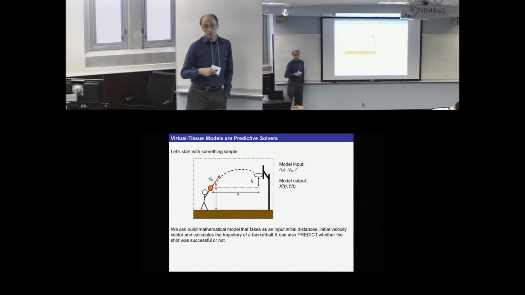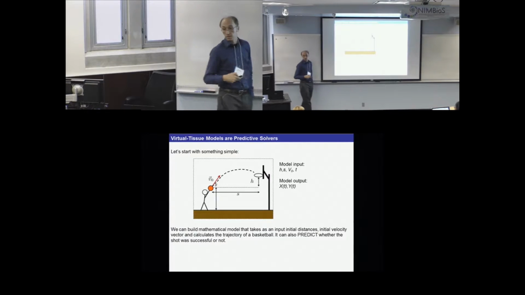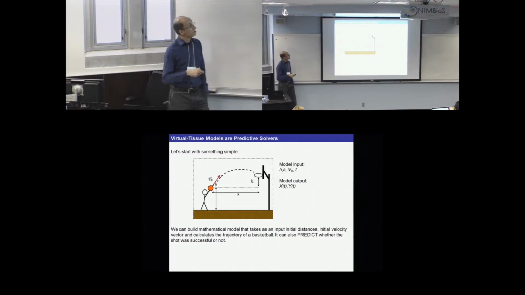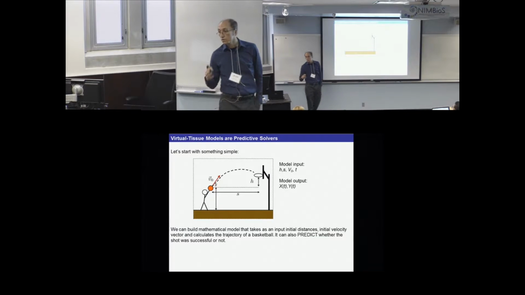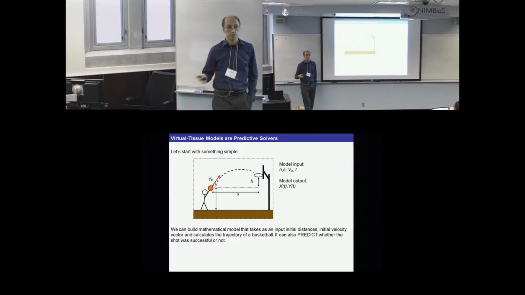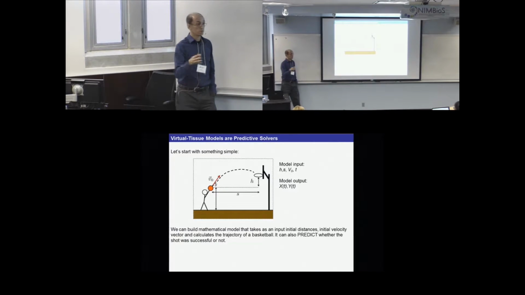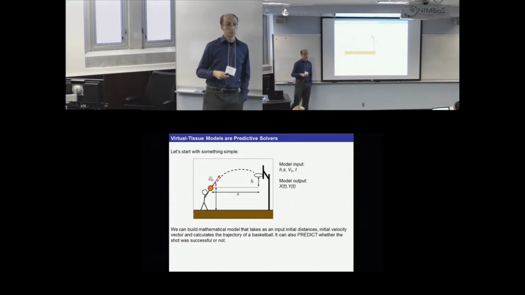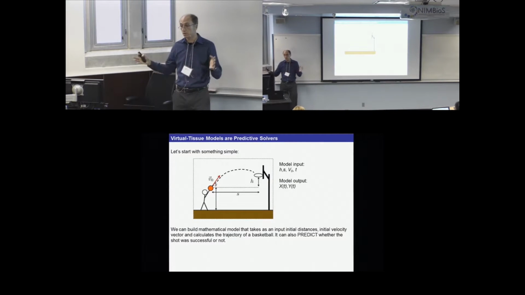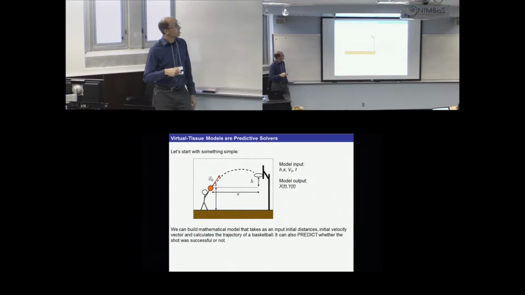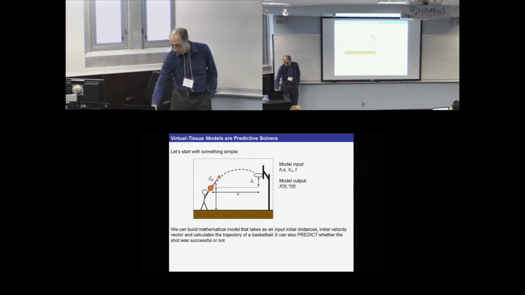So why am I showing you this? Because multicell models are effectively a simpler version of that cartoon. Instead of calculating the trajectory of the basketball, we are calculating the trajectory of each individual cell. Some of us will have 1,000 cells, some of us will have a million cells, some of us will have a billion cells, or even more, depending on the problem. But the goal is always the same: calculate the trajectory of the single cell. Why is it simpler? Well, it's simpler because we assume that force is proportional to velocity, not acceleration, and that makes your life much easier.